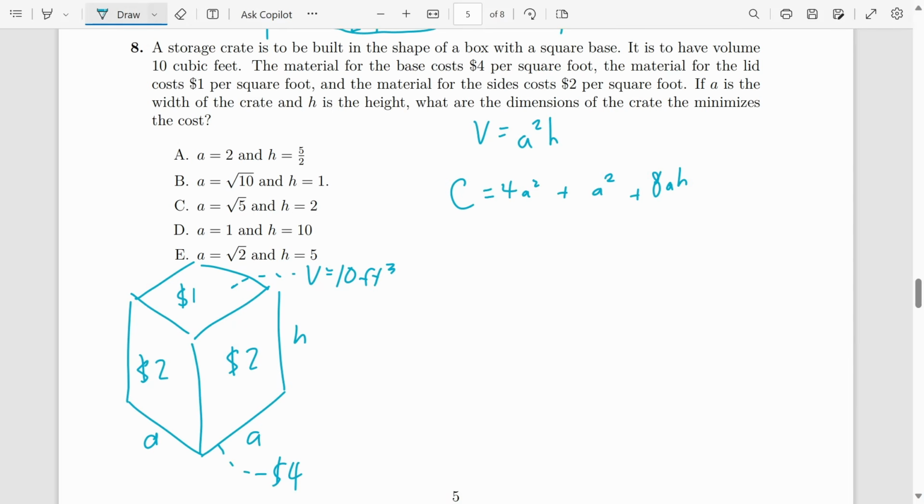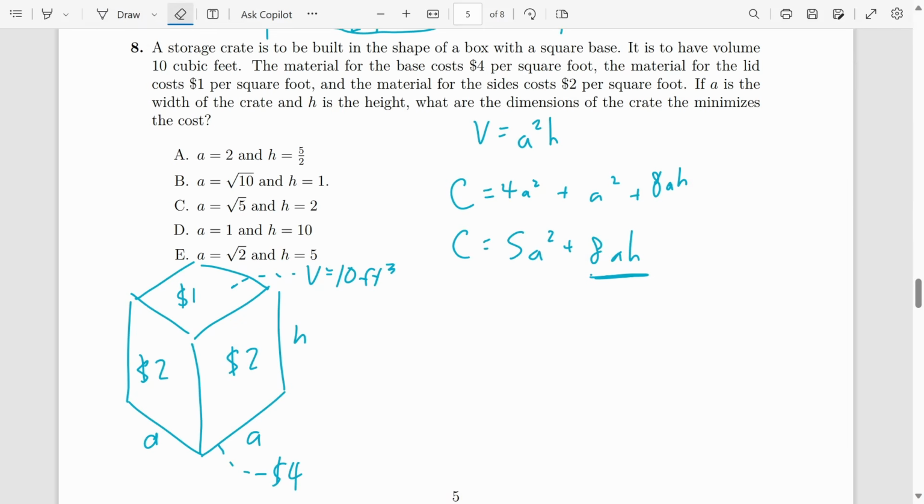Now, before we do that, we can do a couple of things. First thing is we can combine both of these. 4a squared plus a squared is just going to be 5a squared plus 8 times a times h. And then for this 8 times a times h, what if we were to put everything in terms of a? That would probably be a lot easier to take the derivative of.